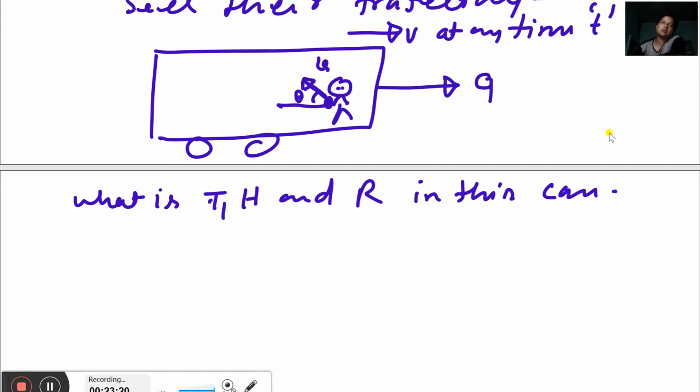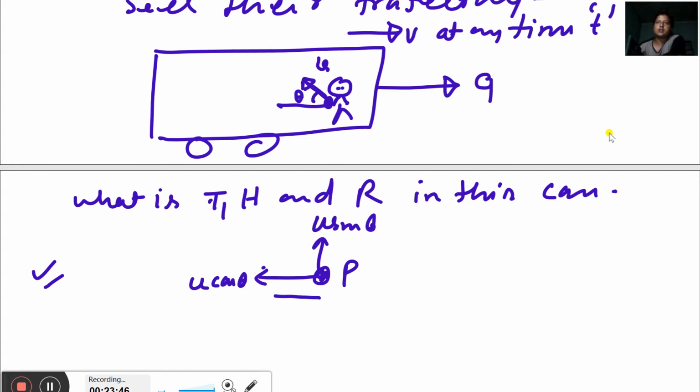First of all, we have to break the components of the projectile motion. Projectile has two components of speed: u cos theta, u sin theta. Pseudo acceleration a.